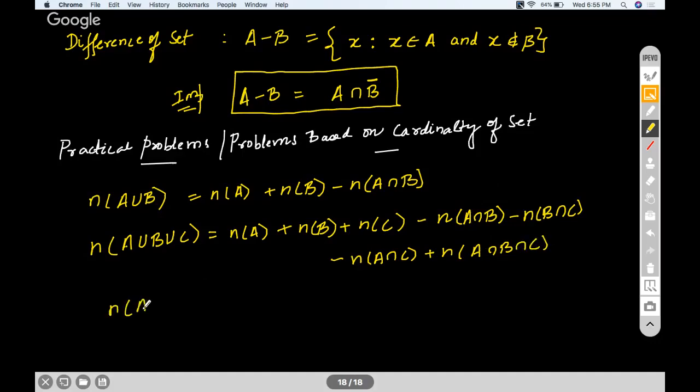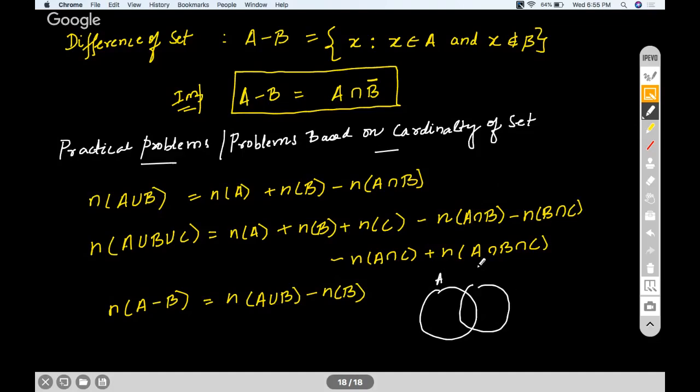n(A minus B) would be nothing but n(A union B) minus n(B). Right. n(A minus B) is basically this part.